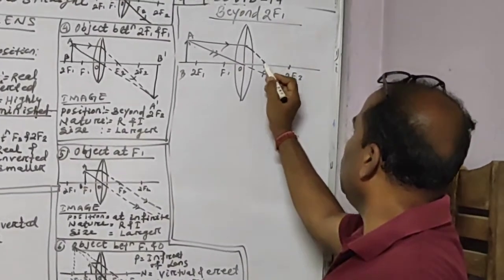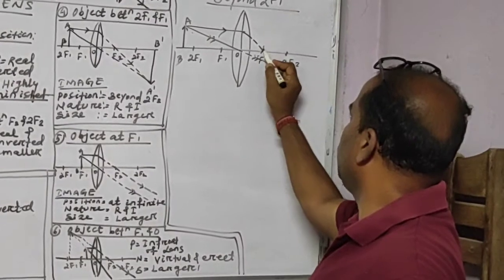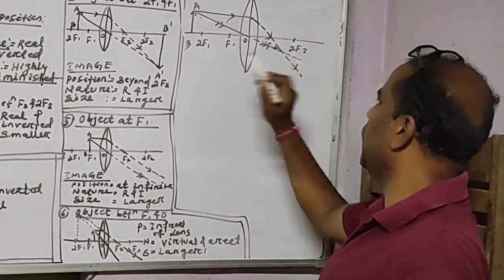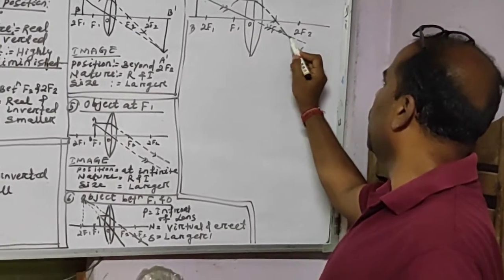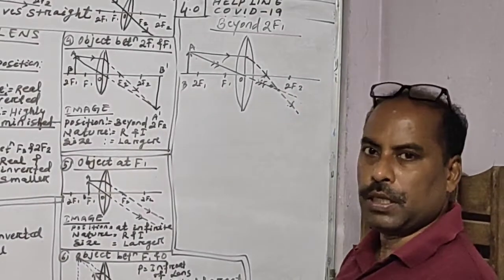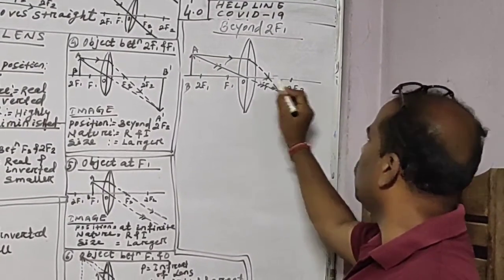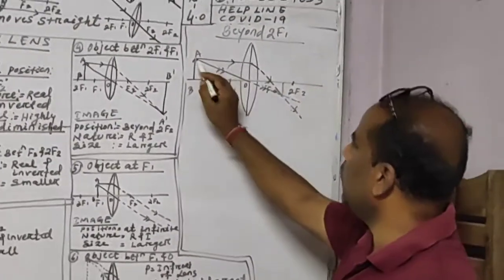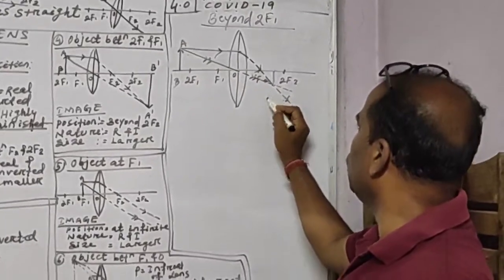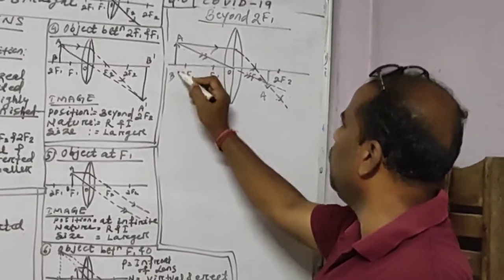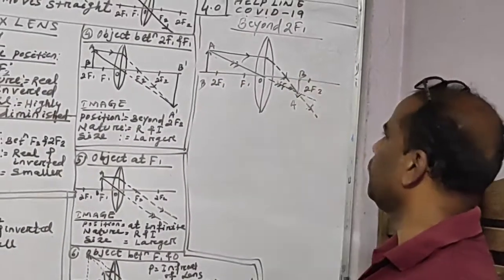This one will be the second ray. This is the first ray. Clear? I think this first refracted ray and second refracted ray are intersecting here at a common point. So from here we straightaway draw the line to the principal axis, and as this point is coming here, this will be A dash and the arrow mark will be here, and automatically this will be B dash.